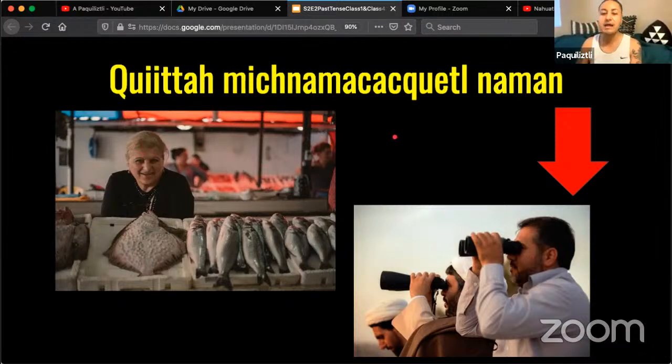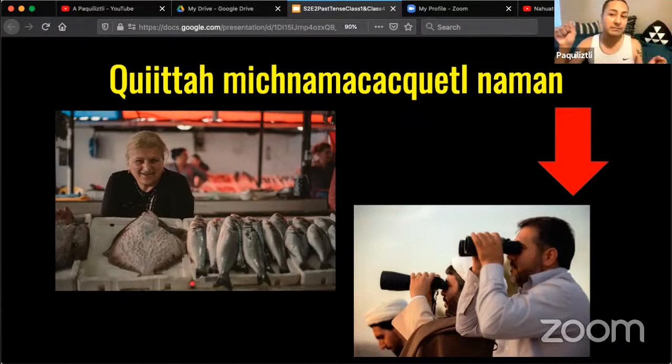¿Vale? And if you all know about the lecture, Michnamacahquet means, or you probably can tell, fish seller. Fish seller. Nahuatl doesn't have a gender in terms of like saying male or female. So here Michnamacahquet could be a male or it could be a female. We know it's a female because of the picture. But if you remember, if you look in the past, we had that other man who was selling fish.